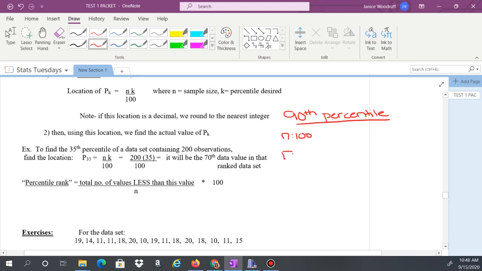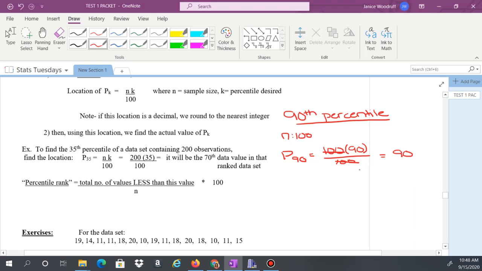You would go P sub 90 equals 100, that's your n, times 90 divided by 100. With 100 observations, that's 90. So it would be the 90th one. If you ranked them all and put them in order, it would be the 90th one.